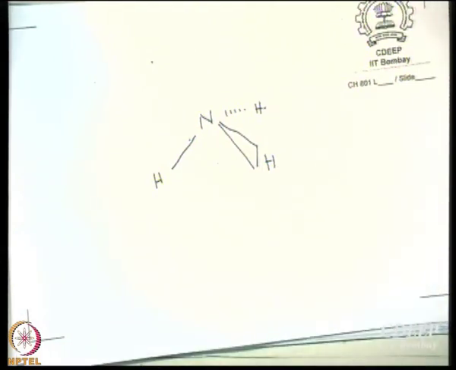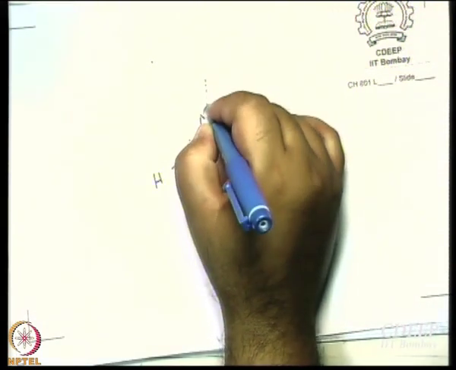Now see, you told me that there is a principal axis of symmetry here. What is it? C3. Where is your axis? This is the axis. What are the other elements of symmetry here? Sigma V. Where is sigma V? Yes. A plane containing the NH bond and the vertical axis, of course.